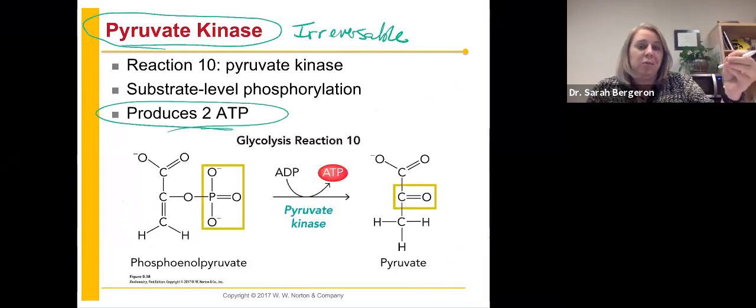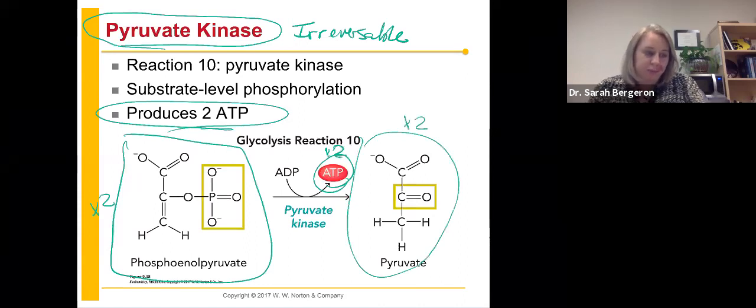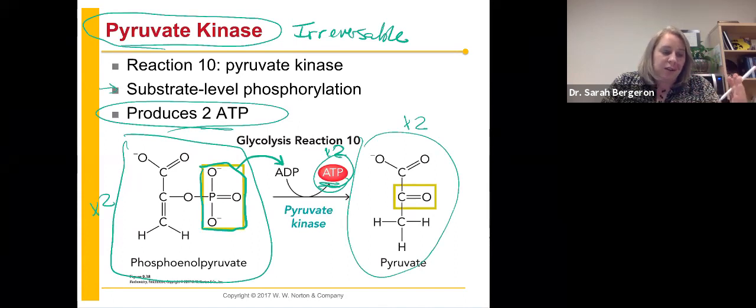But now we're going to get 2 more ATP, because how many of these do you actually have? You have 2, so you're going to make not 1 ATP, but 2. And you're not going to make 1 pyruvate, but you're going to make 2. And so this is that second substrate-level phosphorylation event where we transfer the phosphoryl group from our substrate onto ADP to make ATP.